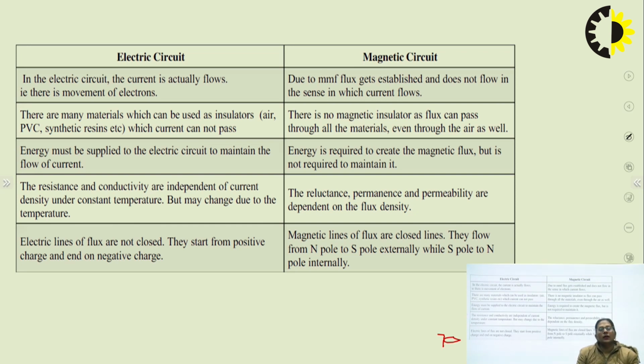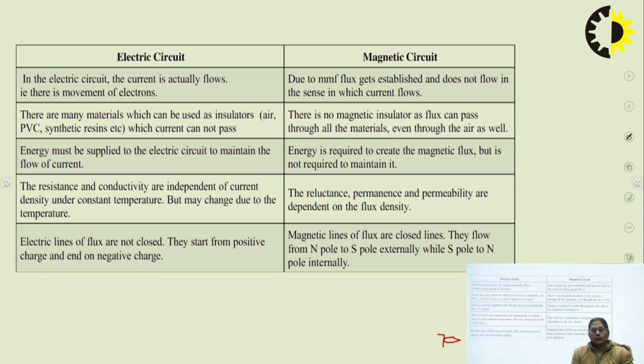Then another point which creates a dissimilarity is that the resistance and the conductivity are independent of the current density under constant temperature, though they may change due to temperature. Whereas in a magnetic circuit, the reluctance, the permeance and the permeability are dependent on the flux density, right?